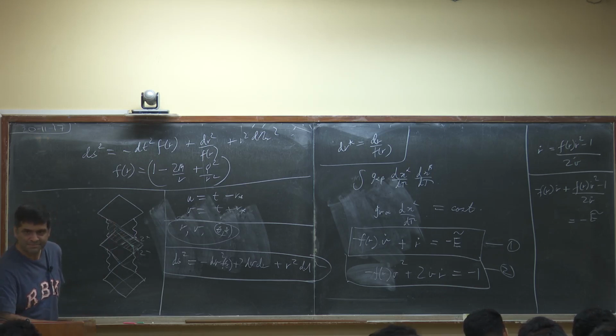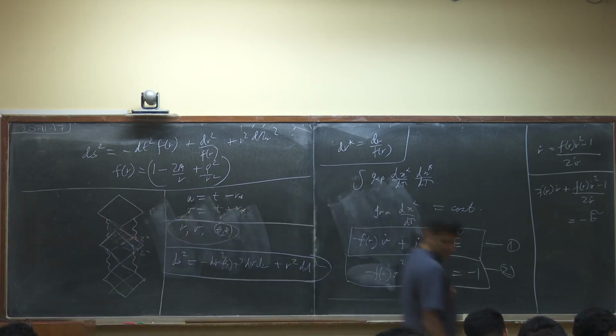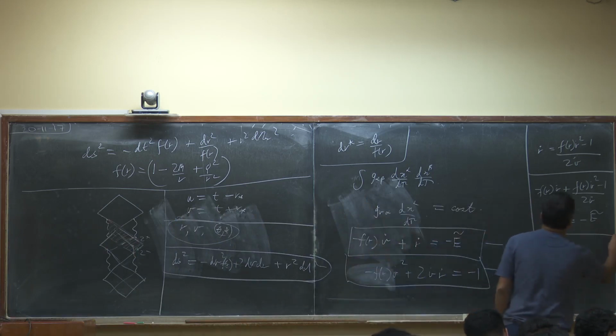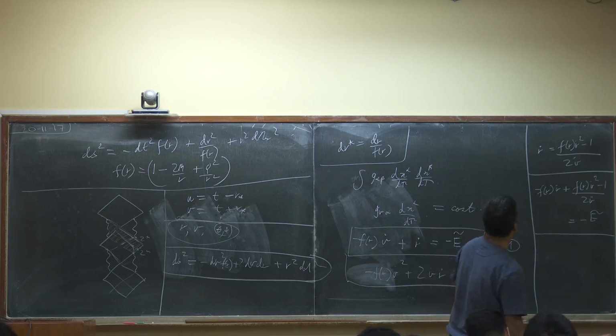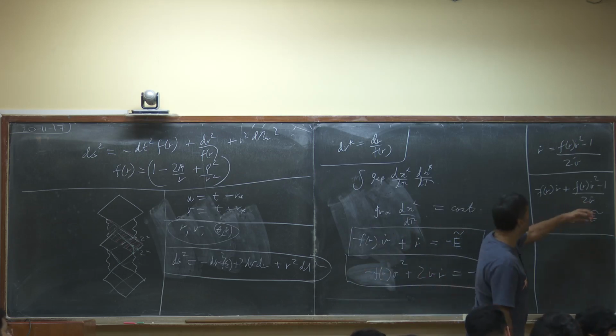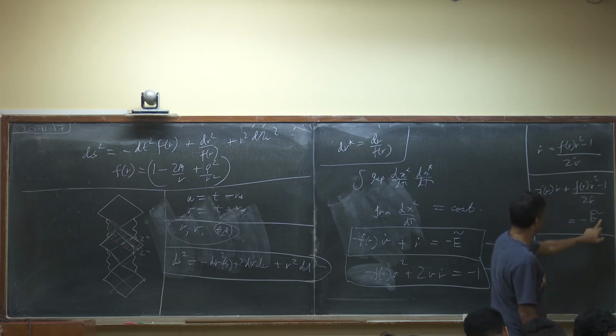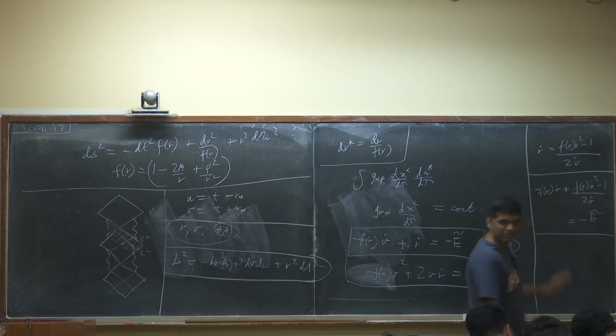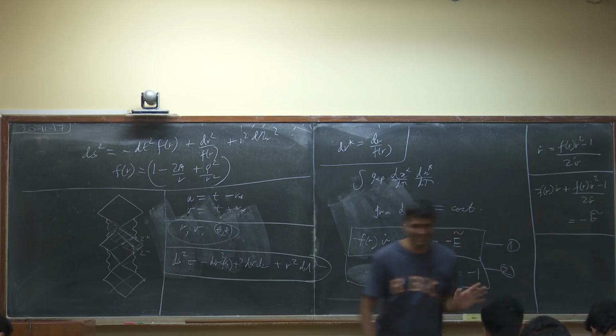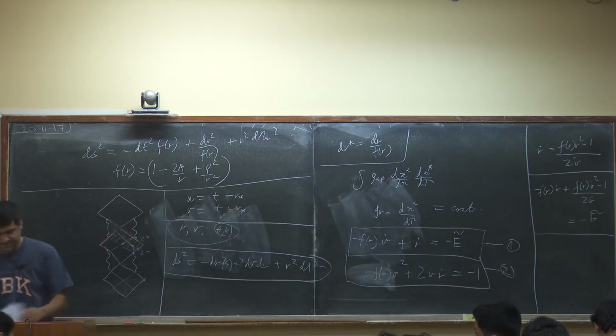Now this is a quadratic equation for v dot, because you multiply the whole equation through by v dot. Do they cancel? No, because of the 2. This is quadratic, this is linear, so this is constant, this is linear. So you can solve. I'm just going to quote the solution.